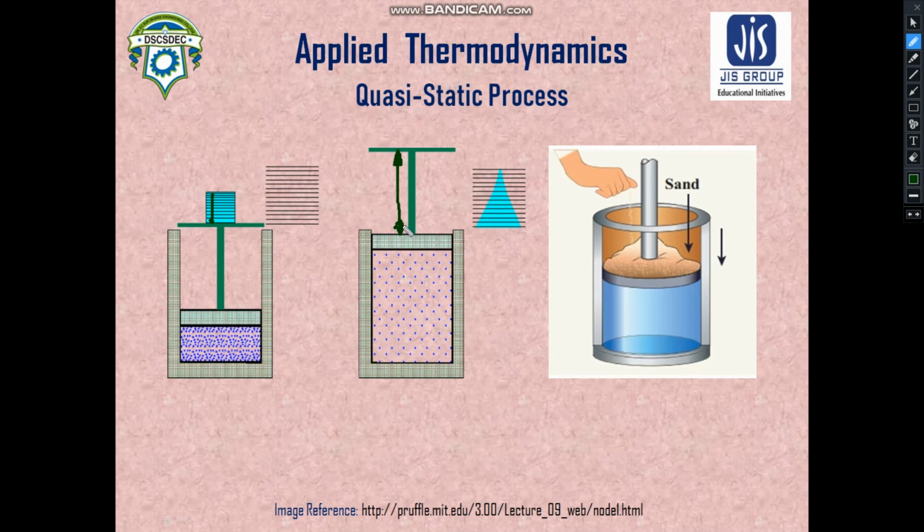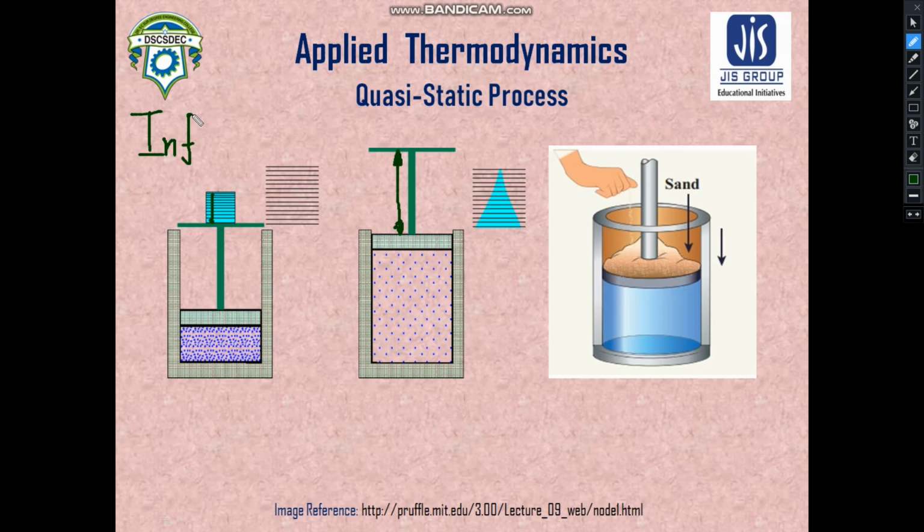Finally we will observe the same change, but the time required for this change will be much more. Now if this weight is divided into an infinite number of equal weights, then the time required for the whole movement of the piston will be infinite. So we have to understand that when there is an infinitesimal gradient between the system and the surroundings, the changes are slow.